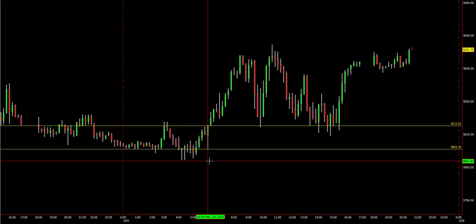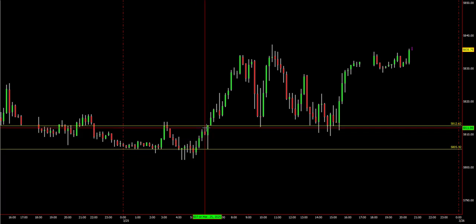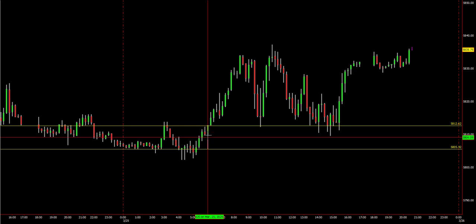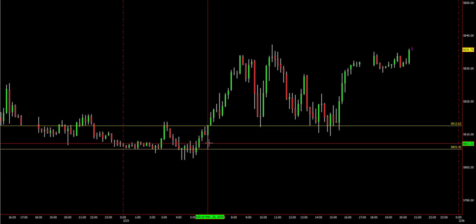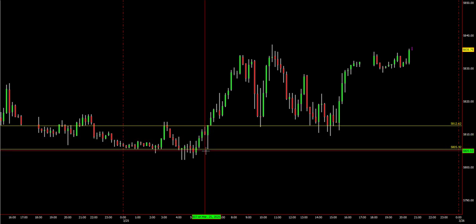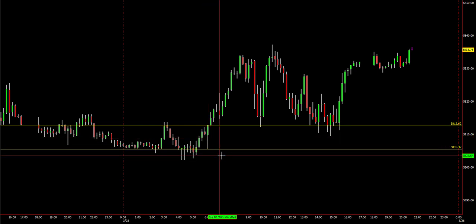This one is saying that the market was trying to come down here, but this was totally rejected. And look, there's a tail as well, a bullish tail at the bottom.